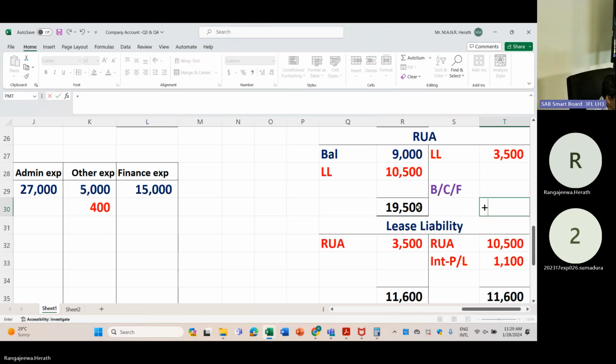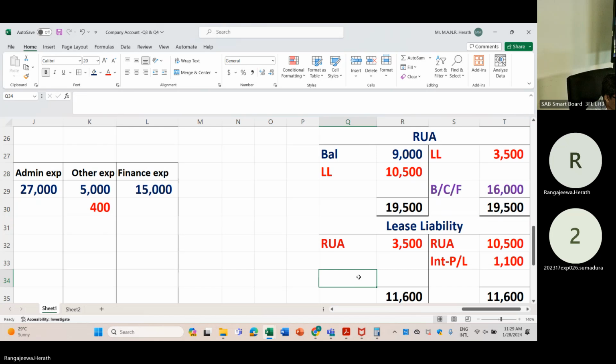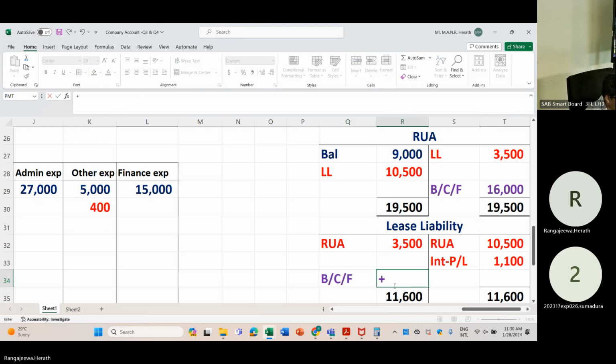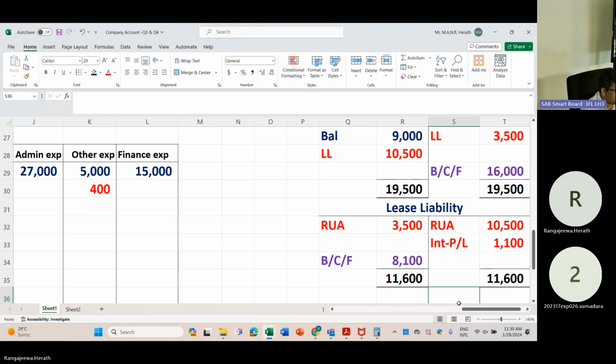Debit side 19,500. You take that to the credit side. Right of use asset is 16,000. Lease liability, let's carry forward. 8,001. That is the first installment.